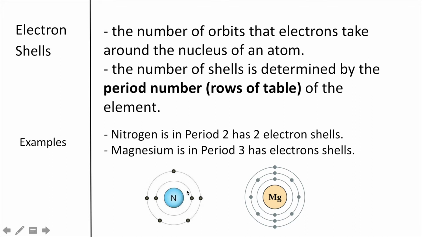So here we have 1 and 2 electron shells because nitrogen is in period 2. For magnesium, it is in the third row, or period 3, and therefore it should have 3 shells, 1, 2, and 3, where electrons are held.